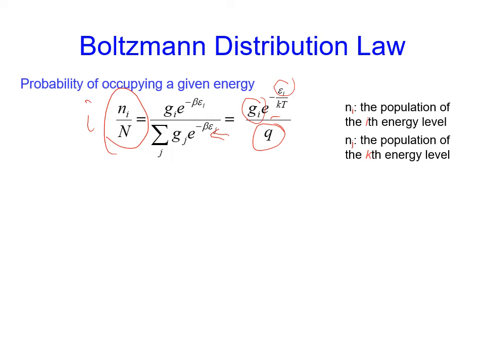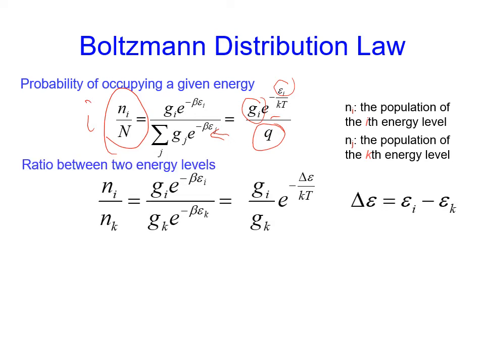Now, if we calculate the ratio of the number of molecules occupying i and k, two energy levels, because they both have q, they cancel each other.